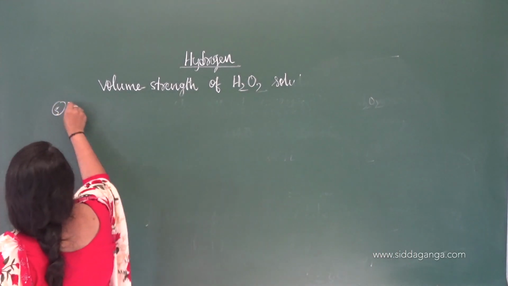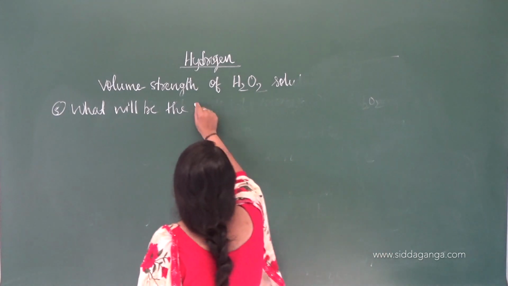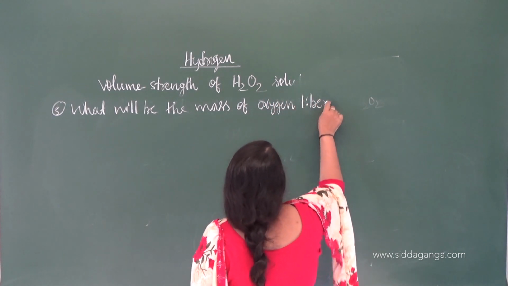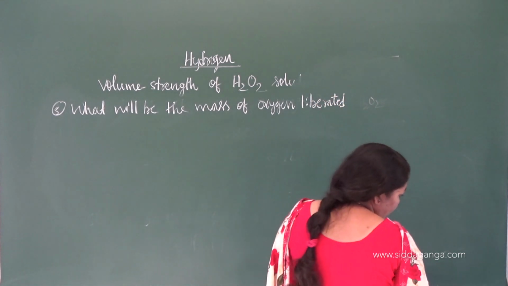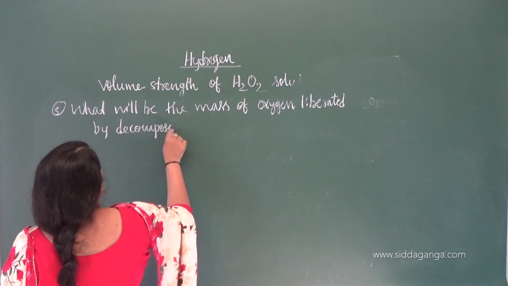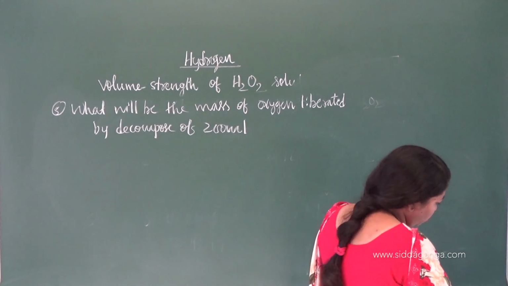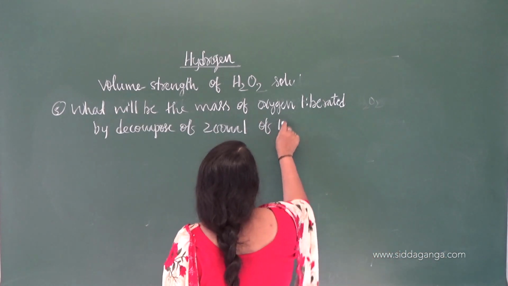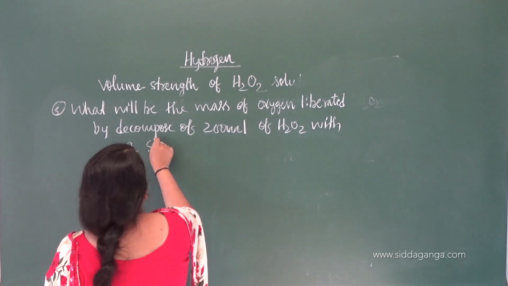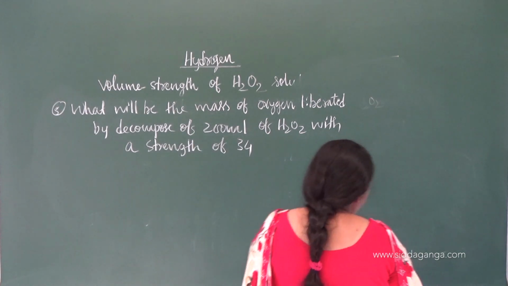Let me write. What will be the mass of oxygen liberated by decomposition of 200 ml of H2O2 with a strength of, a little bit lengthier it is, with a strength of 34 grams per liter.